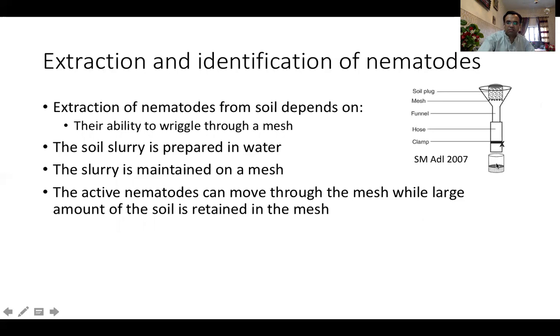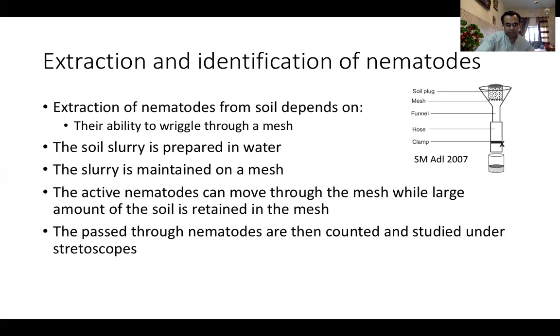From here you then process it further for your experiments. These nematodes can be counted and then studied under the stereoscope for identification, etc.